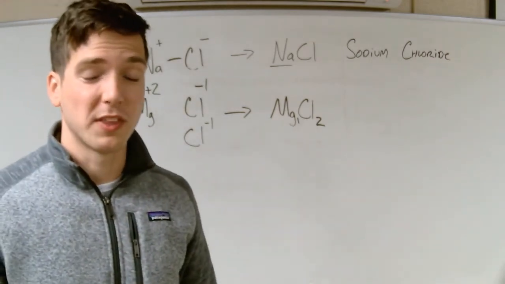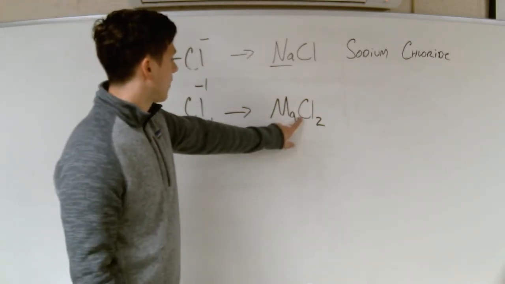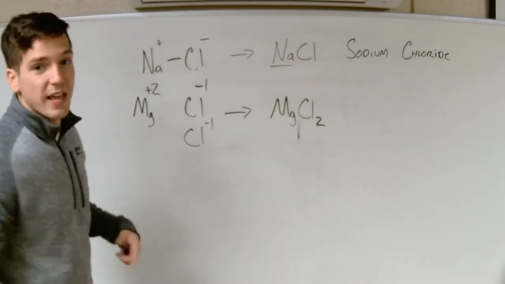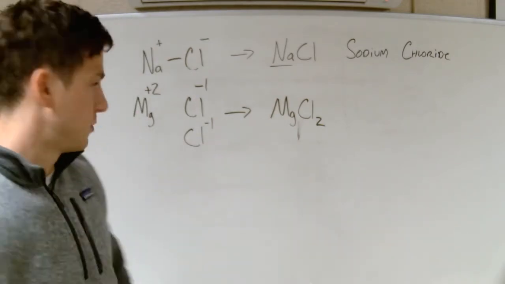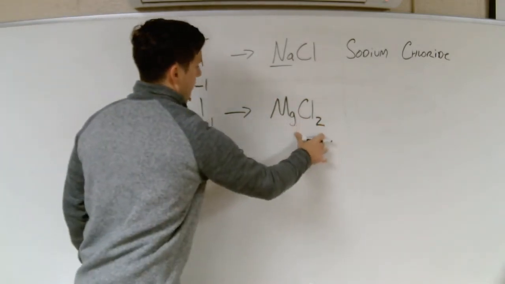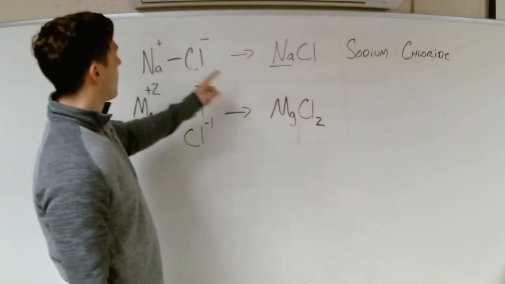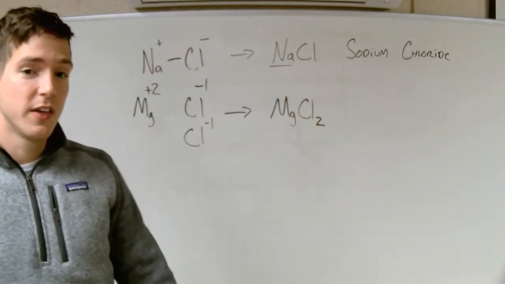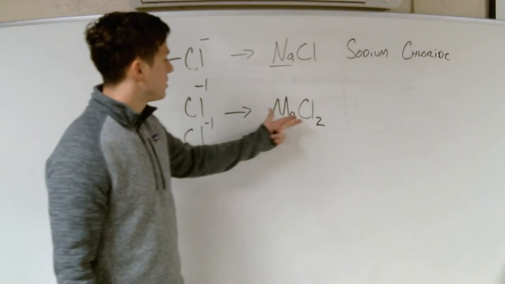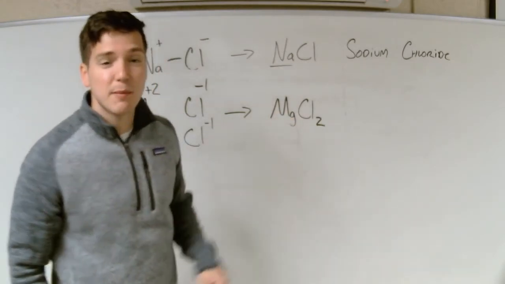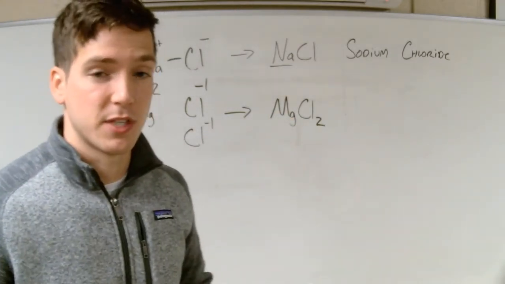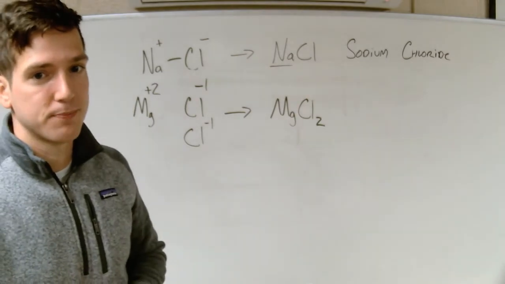We just don't put a 1 there because it's just inferred that there's 1. But for this one, it's just MgCl2. Here it was a 1-to-1 ratio, so it was just NaCl. Here it's a 1-to-2 ratio, so it's MgCl2. Always remember these tiny numbers tell you how many atoms there are in that compound.